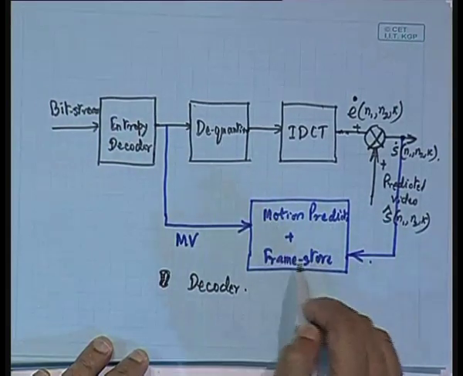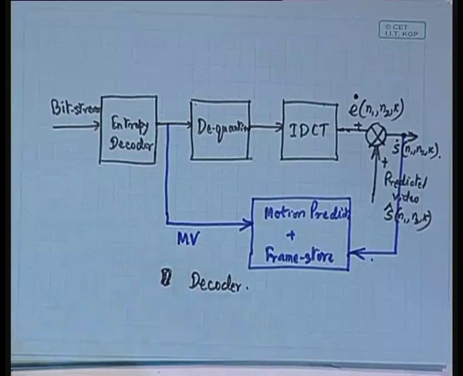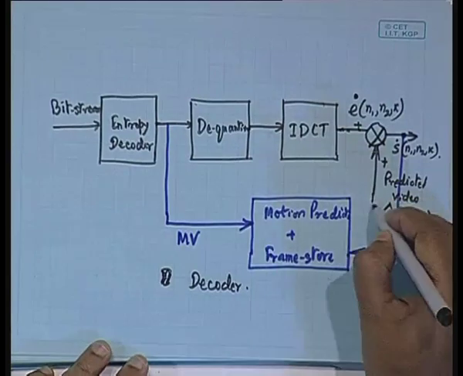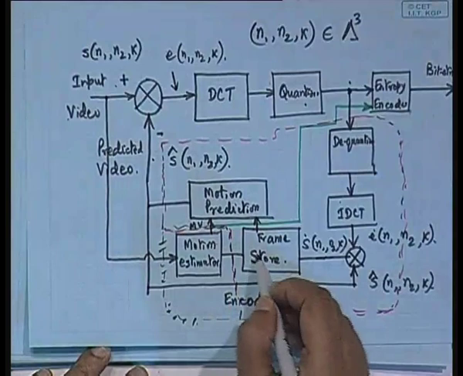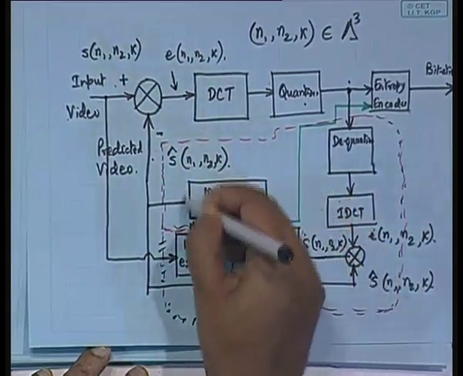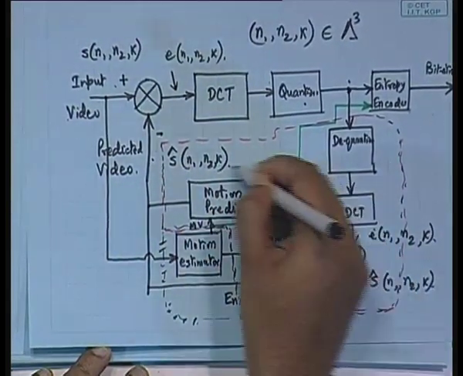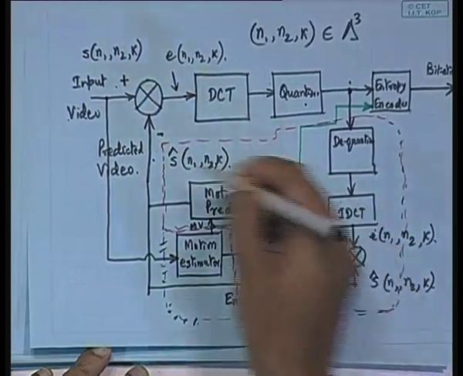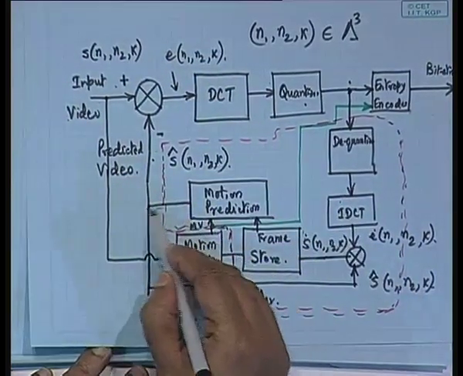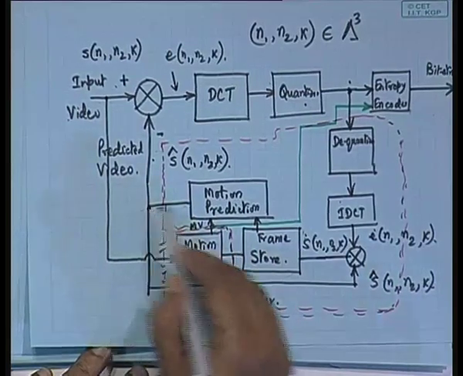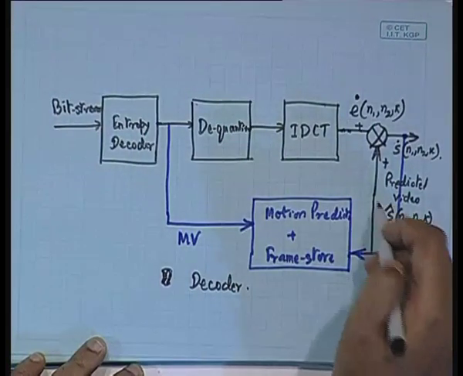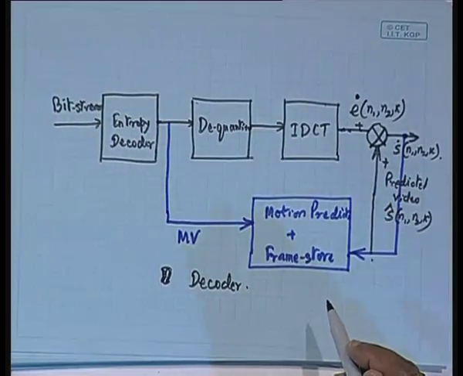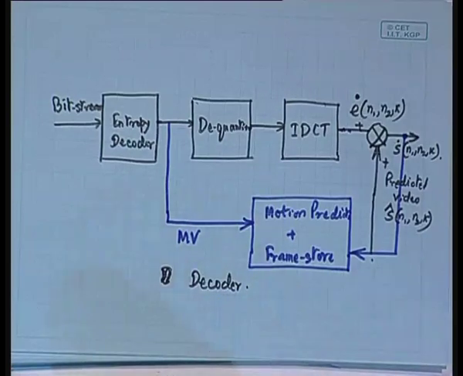So, the motion prediction plus frame store would be done from here, and this generates the predicted video S cap in 1 into k, just like the way it is done in the encoder. All that we have done is combine the frame store and motion prediction into one single block, but the output of the motion prediction block is the predicted video S cap in 1 into k. So, this is the complete decoder.